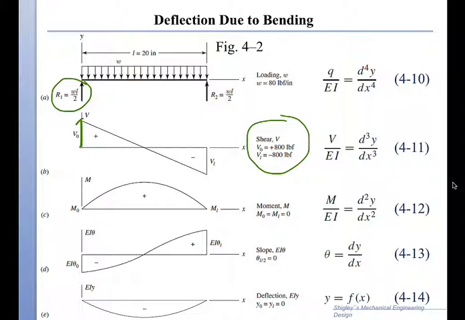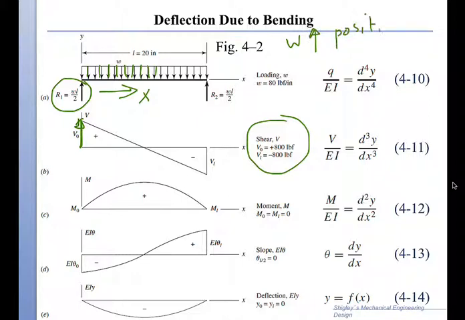So V0 here is WL over 2. And then as we move to the right for x positive, we have to add this negative force, because remember W up is positive.